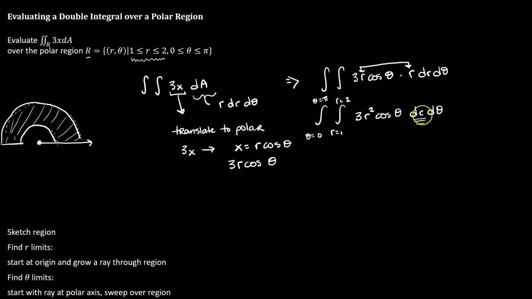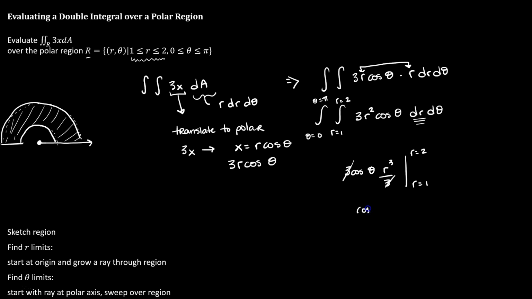So starting with r, we can integrate 3r squared cosine theta with respect to r. Well, 3 cosine theta looks like a constant when we integrate with respect to r. So we get 3 cosine theta r cubed, and we need to evaluate that between r equals 1 and r equals 2. Let's simplify the factors of 3.